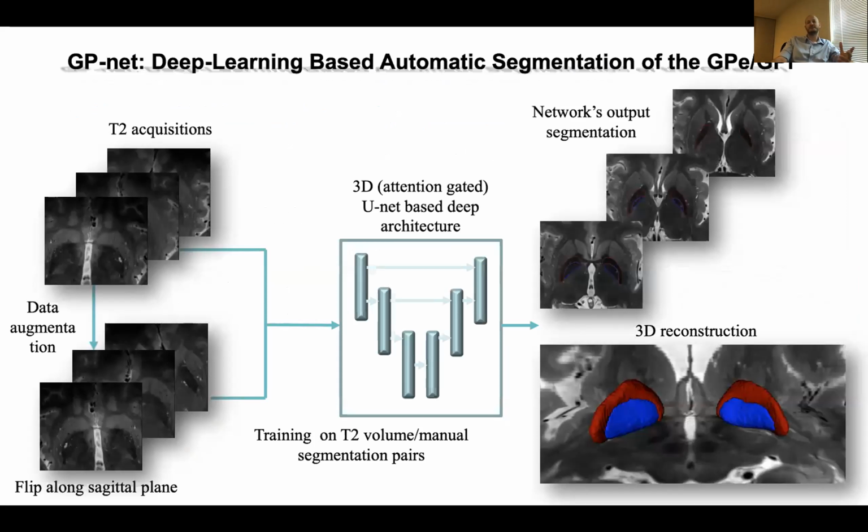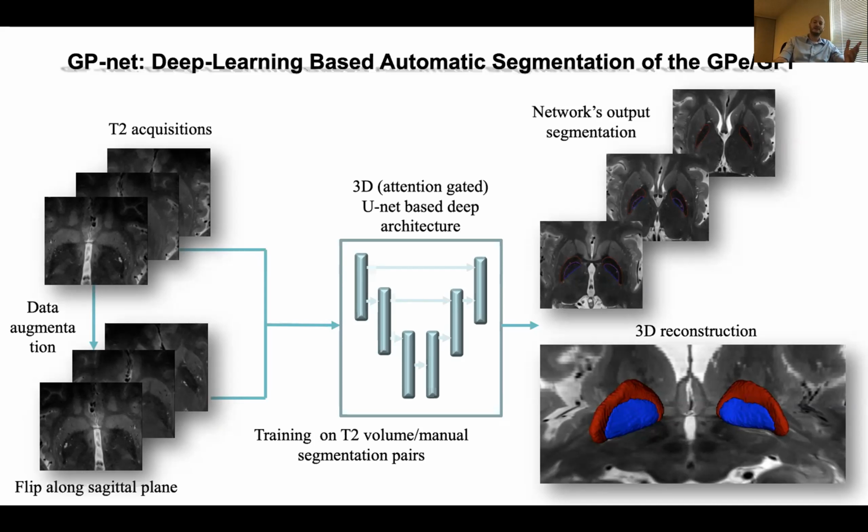So GPNet is a deep learning-based automatic segmentation of a structure known as the globus pallidus. It has two compartments, the external and internal compartments, on both the left and right sides of the brain. And the idea here is pretty simple. I won't delve into the details because of time limitations, but we train a U-Net or attention-gated U-Net in a fully supervised manner, feeding it 7 Tesla T2 acquisitions alongside manual segmentations of the GPI and GPE, which were performed by domain experts.